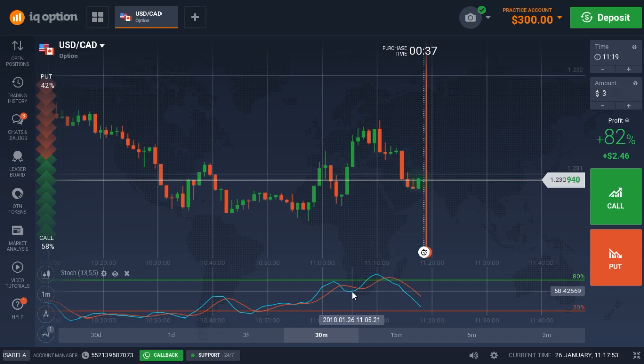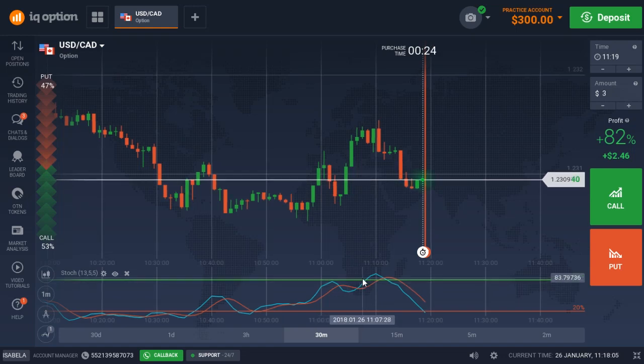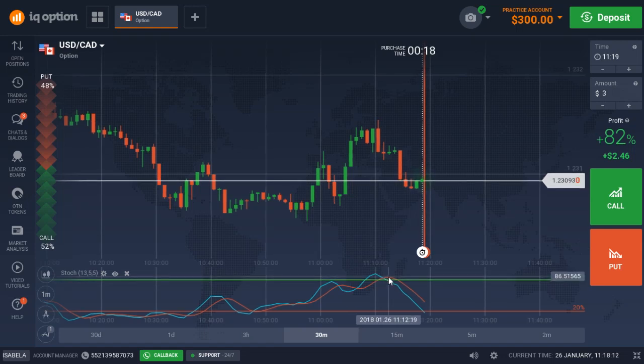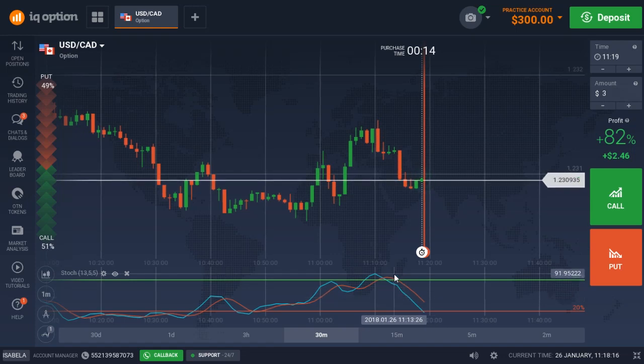When the main line crosses above the red line, the stochastic signal line, this means that the market will probably be going up. When it crosses back down below the red line, the market is going to go down.